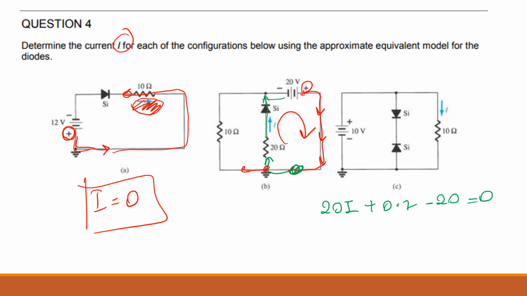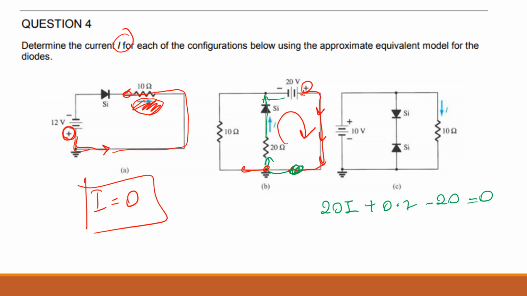Can someone answer that question? It's because of the silicon diode. It's always going to be given as 0.7. Okay, that's good, thank you. Yes, that's true.